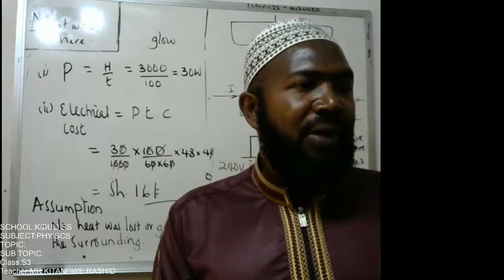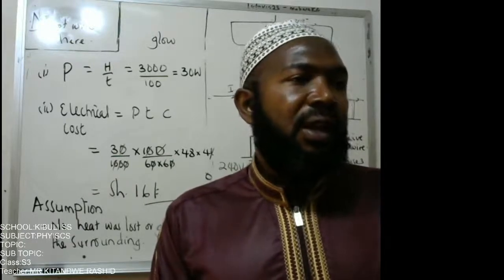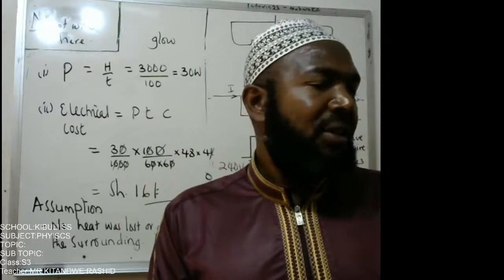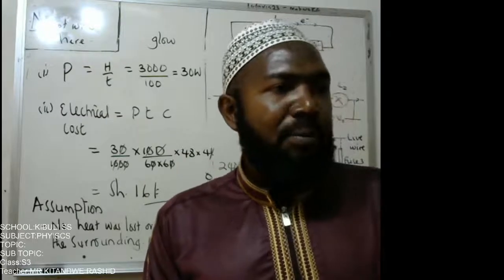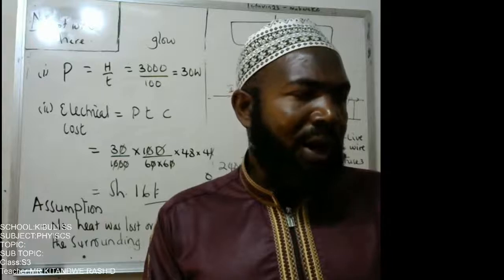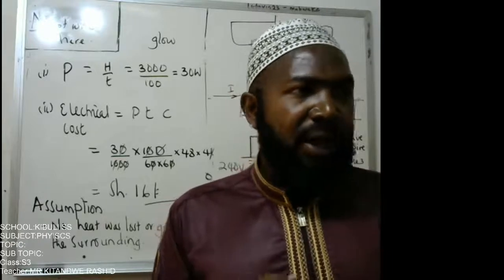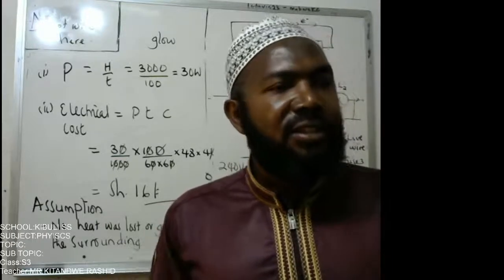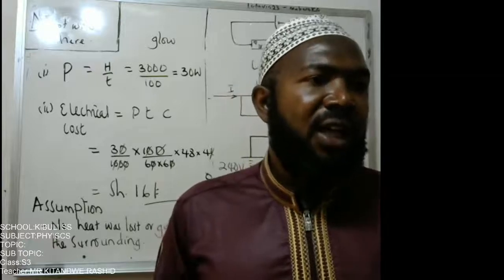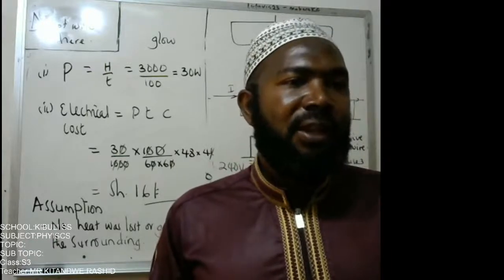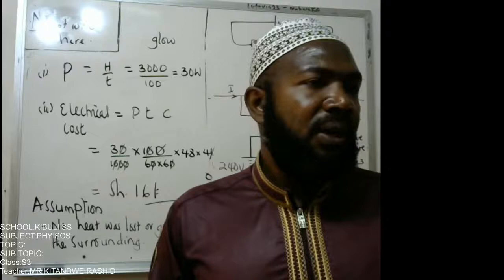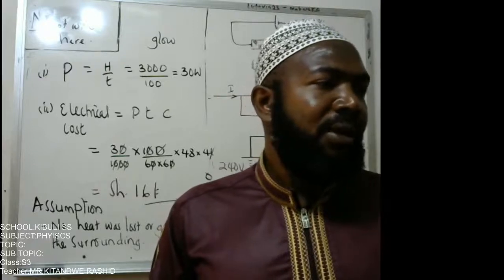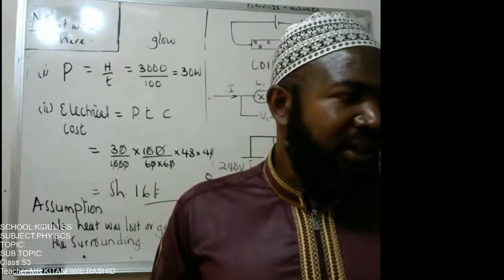Then number 2, you have an arrangement of bulbs. Bulbs B1 and B2 are connected in parallel, and then B3 is connected in series. So the questions are: which bulb will light brightest when K1 is closed? I don't want someone to just say bulb B. Give a reason. Are you getting it?